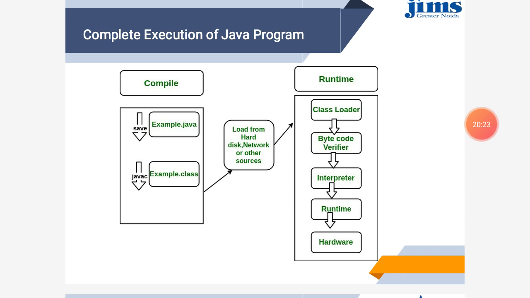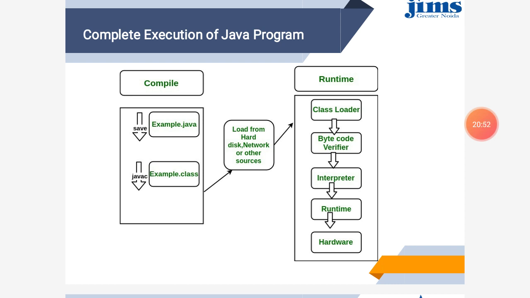If we see graphically how things are possible, there are two parts. The left part contains bytecode generation, and the right part shows how your bytecode runs. The left part is the platform independent part, and the right part is the platform dependent part. After compilation, example.java will be converted into an example.class file.